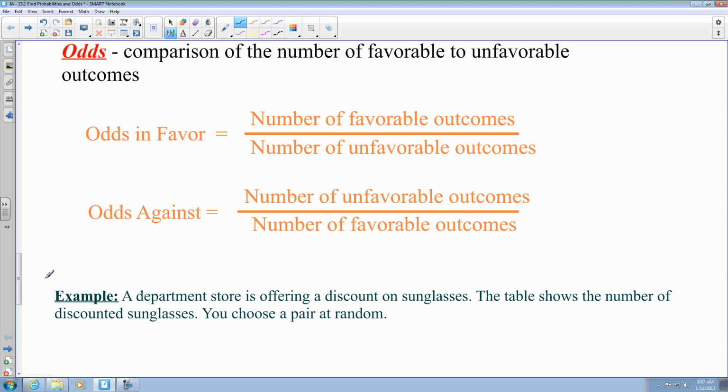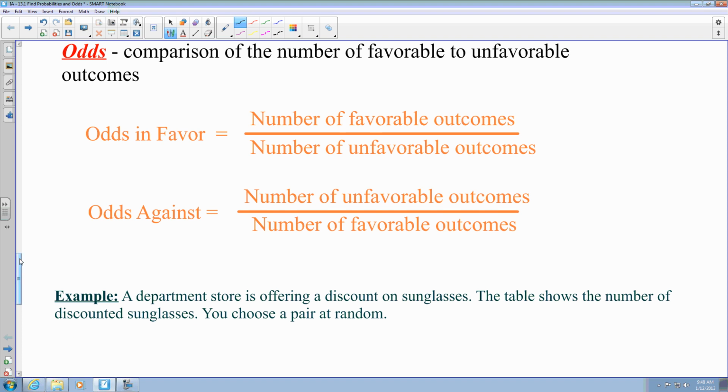In probability, say for the flipping of the coin, you have 1 chance of success and 2 for the number of trials. And here, when you talk about odds in favor, you have 1 favorable outcome and 1 unfavorable outcome. So if you're trying to get heads, you have the 1 favorable outcome, and if it's tails, that's the unfavorable outcome. The same goes for odds against. It means that the terms just flip. It's the number of unfavorable outcomes over the number of favorable outcomes.